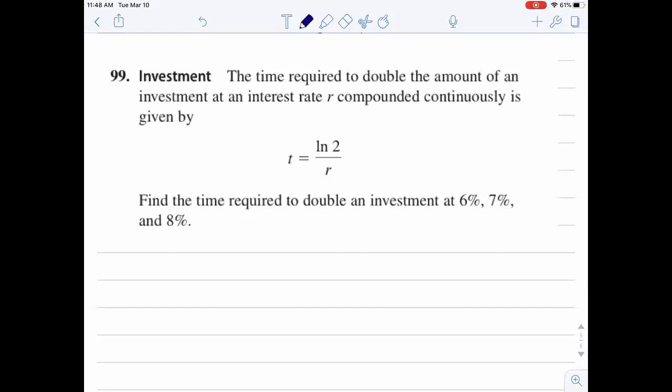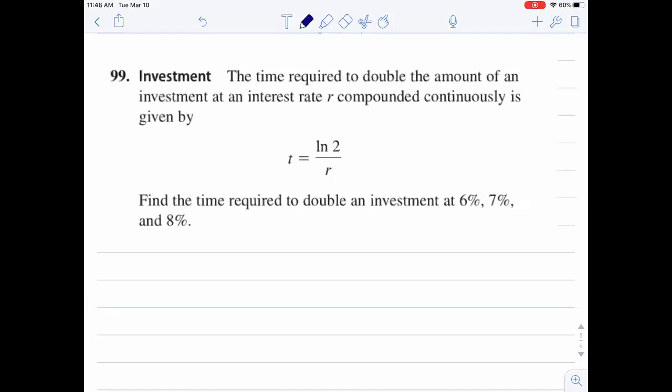Natural log of 2. The reason I'm pausing is if you take the natural log of 2, you get 69.3 if you convert that to a percentage. I know that's not obvious, but the rule of 72 uses 72 instead of 69.3. So they're very similar, right?